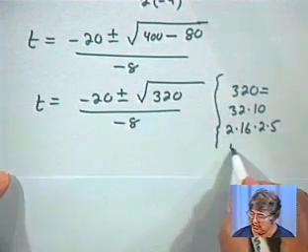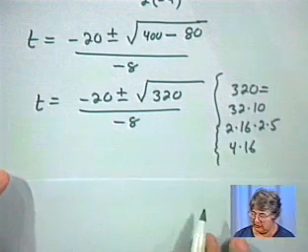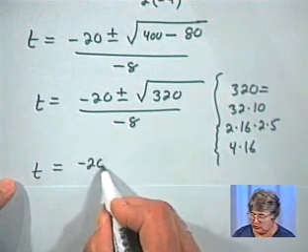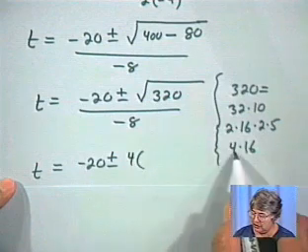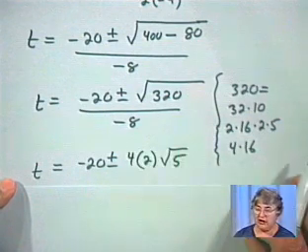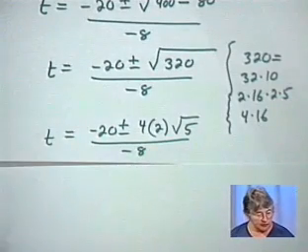So we actually have a perfect square 4 and a perfect square 16 inside the radical. So we can take those out: the 4 goes to the outside as a 2. Inside the radical, we're left with 5, divided by a negative 8. Okay?